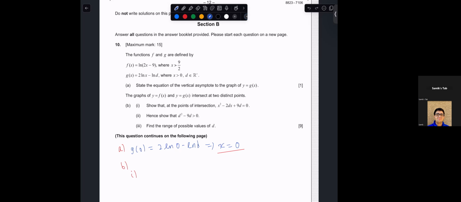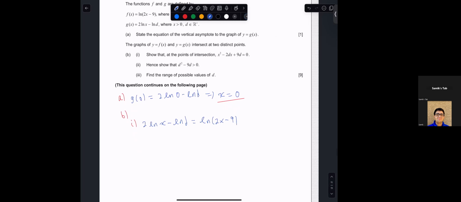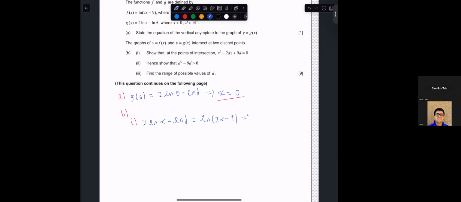Let's do that now. So 2 ln x minus ln d is equal to ln of 2x minus 9. 2 ln x, we can rewrite using our log rules as ln x squared minus ln d is equal to ln of 2x minus 9.